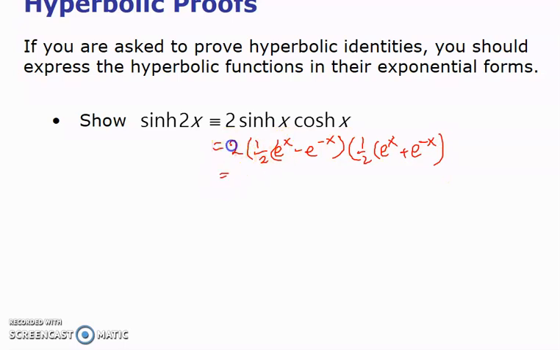Well, the first thing I notice is 2 times a half disappears, but I've still got a half left here. And I'm going to run out of time here, I just realise. So I'm going to leave you to do it. What you're asked to eventually do is get to a solution where you get the same as sine 2x. So it will look like this expression with 2x in.